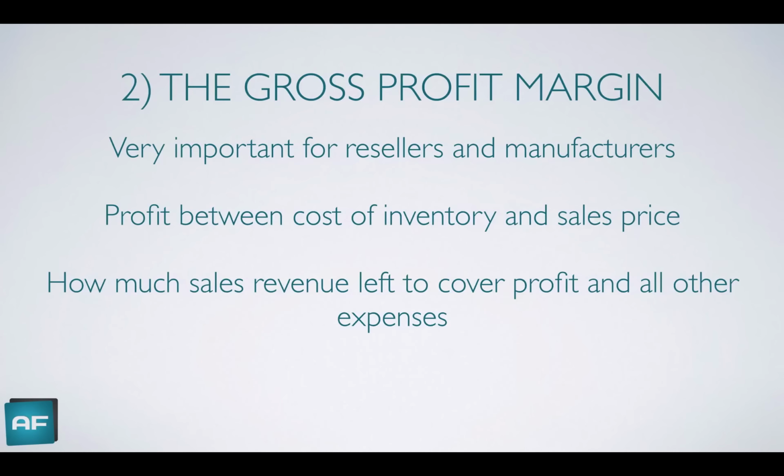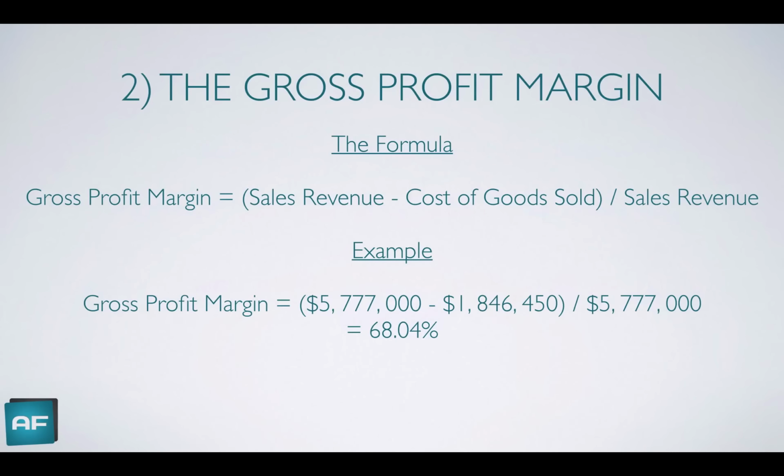It's the difference between the sales revenue and the cost of your inventory expressed as a percentage. So here's the formula: sales revenue minus cost of goods sold, divided by sales revenue. There's an example there with a few figures if you want to punch them in and see if you can work it out.